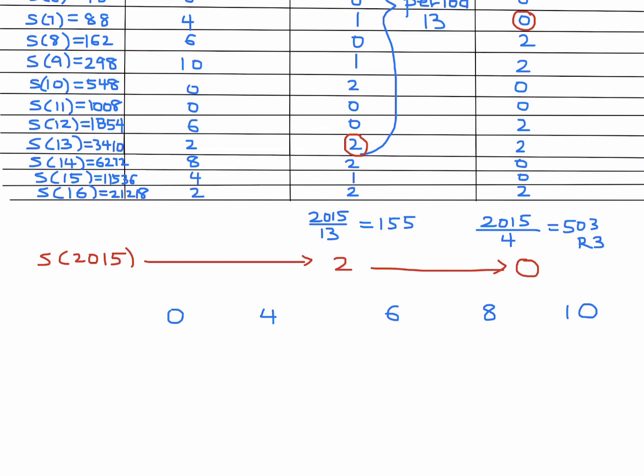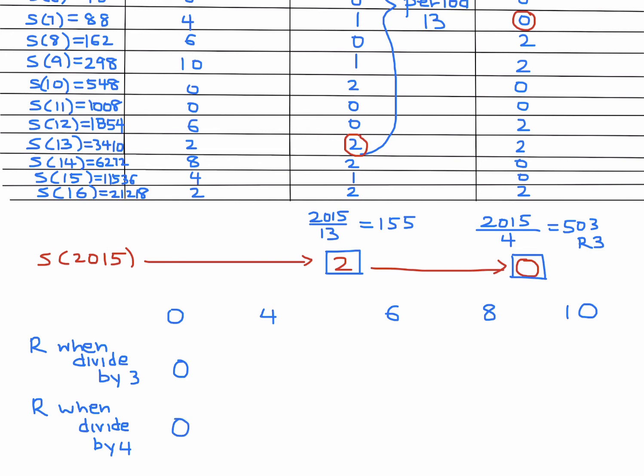What this means is that we want a number that when you divide by 3, the remainder is 2, and when you divide by 4, the remainder is 0. So let's figure out for each of these the remainder when dividing by 4 and 3.